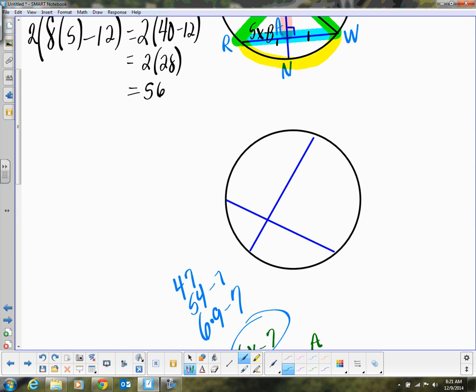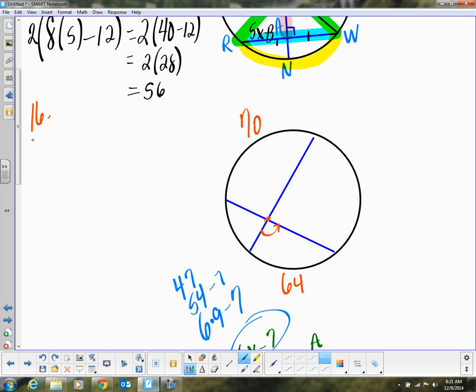This is number 16. We've got BE to be 70. We've got ZR to be 64. And they want to know angle ZSR. They want to know this angle. Where is the vertex? Inside, not on center.